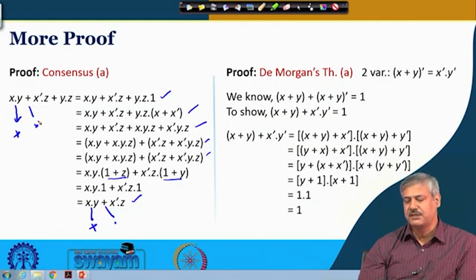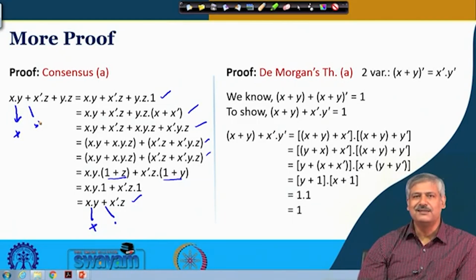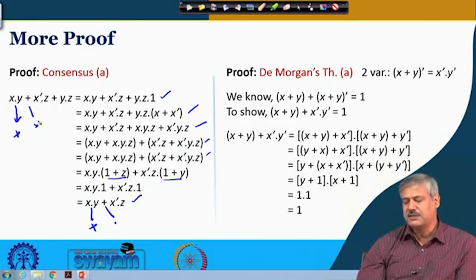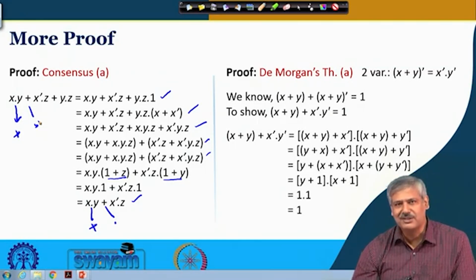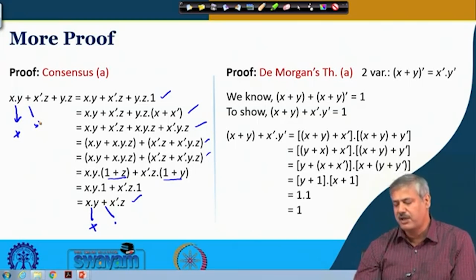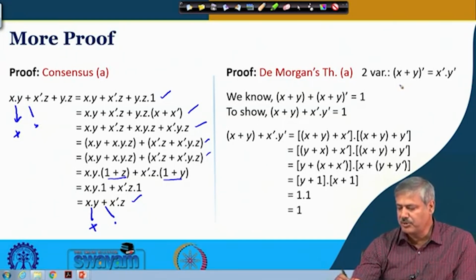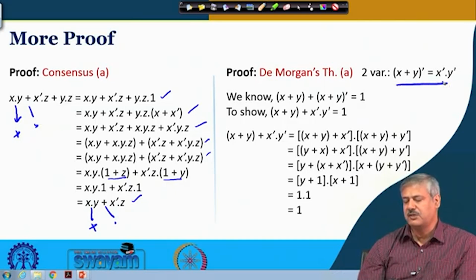And proof of De Morgan's theorem, it is done again, this is what we have seen in the previous case, that you can use basic theorems also along with postulates to derive the identity and or the proof. And in the De Morgan's theorem we do it in an indirect way. We can see how it can be done in an indirect manner. So what we have to prove is x plus y prime is x prime ANDed with y prime.